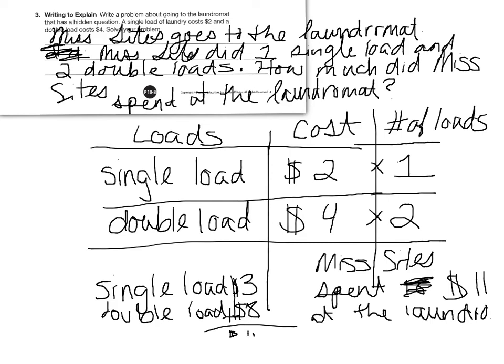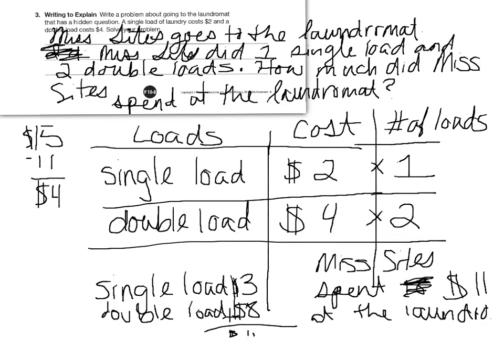Okay, so another way you could make this more complicated is you could say that I had a certain amount of money. Say that I had $15 at the beginning. You could say how many did I have left. In that case, you would take 15 minus 11, and you would say 4, and 4 would be your answer. So Miss Seitz had $4 left over from her $15 that she had at the beginning.